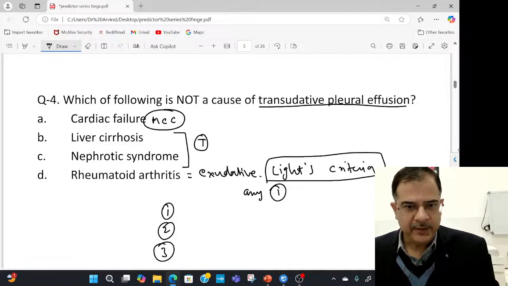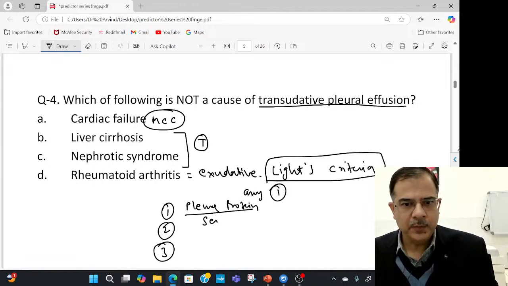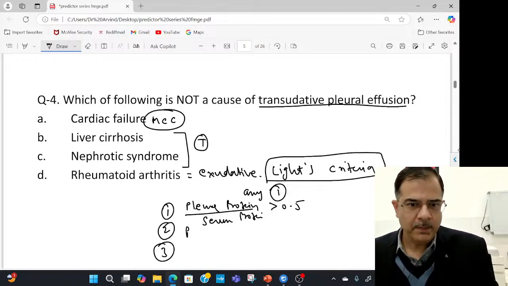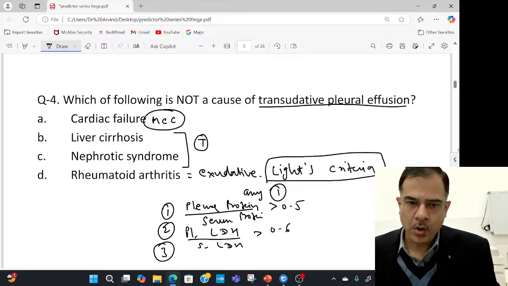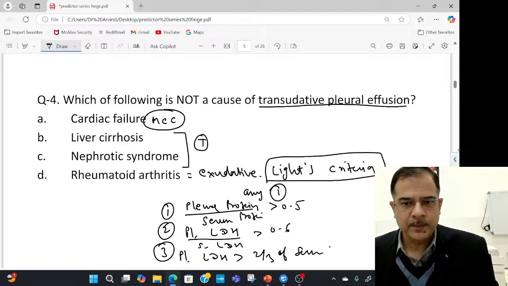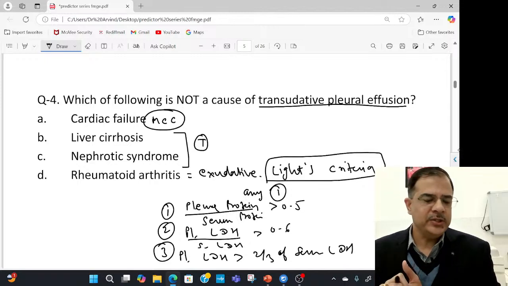If the pleural fluid protein divided by serum protein is more than 0.5, that is a Light's criterion. Or the pleural fluid LDH divided by serum LDH is more than 0.6, or the pleural fluid LDH is more than 2/3 of the serum LDH.